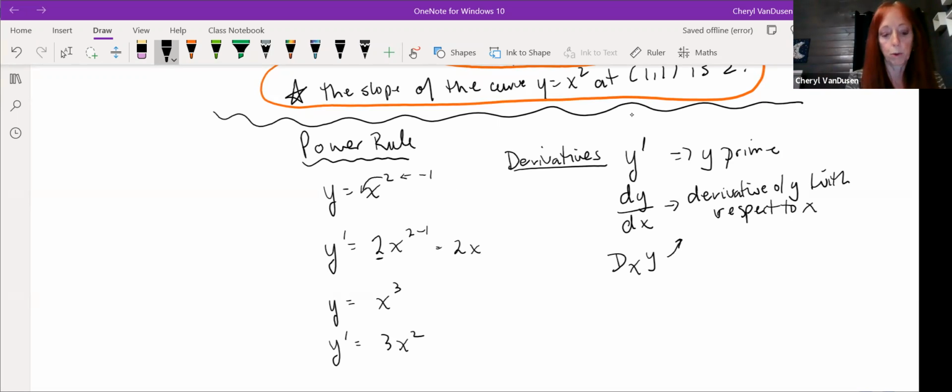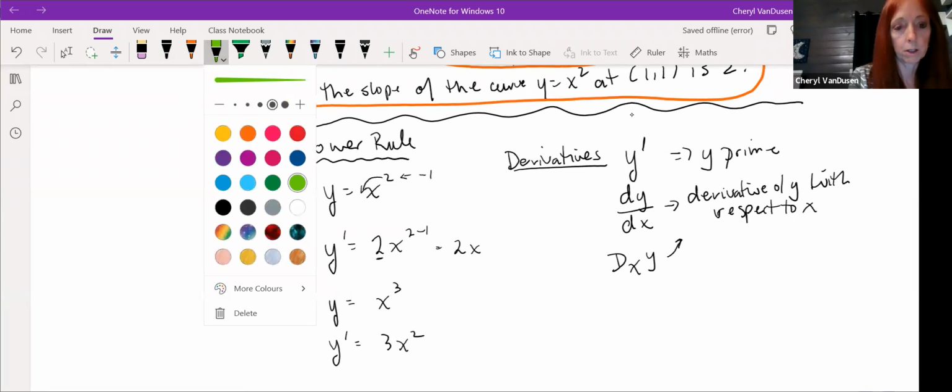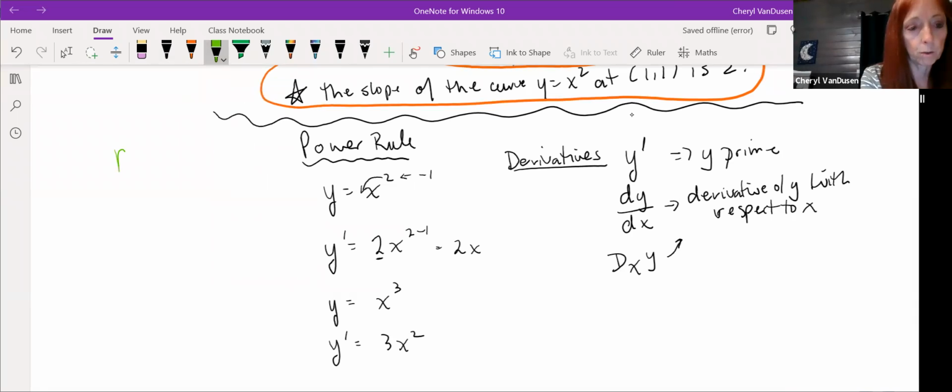Now I'm just going to pull up the actual way they write the power rule on your formula sheet. Okay, so I'll write it in a nice green. So this is how they have it on your formula sheet. It says the derivative of some sort of function ax to the n is n times ax to the n minus 1.